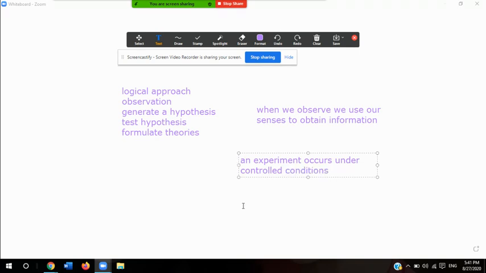It's because in nature, it would be pretty hard to study a particular phenomenon if you didn't have controlled experiments. When we start talking about models and model making in a minute, we'll see how important that is. Again, experiments occur under controlled conditions.